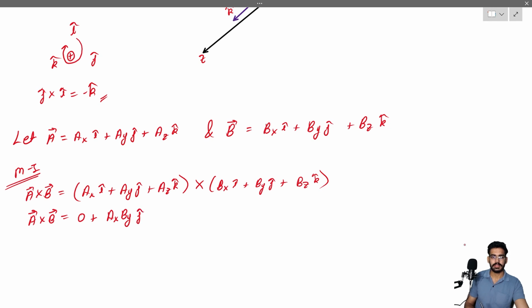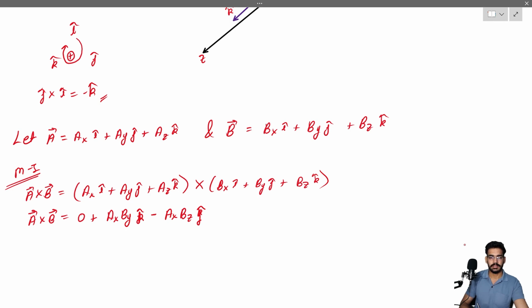Then we have i cross k, that is minus j, so minus ax bz j cap. Sorry, j cap. i cross k is j with a negative sign, and i cross j is k.